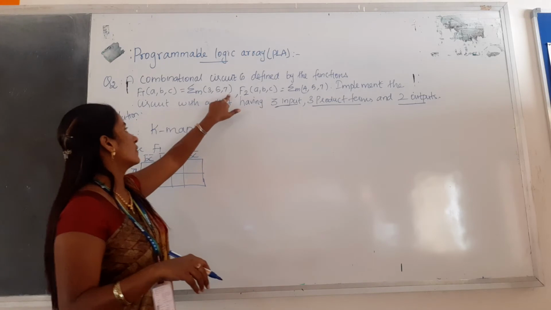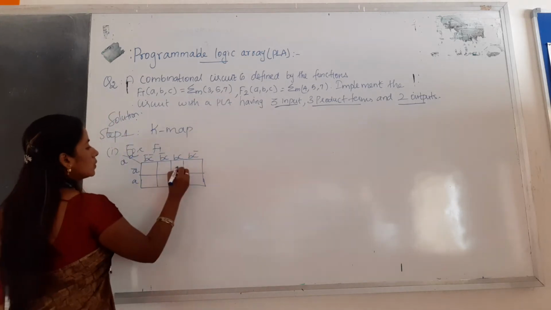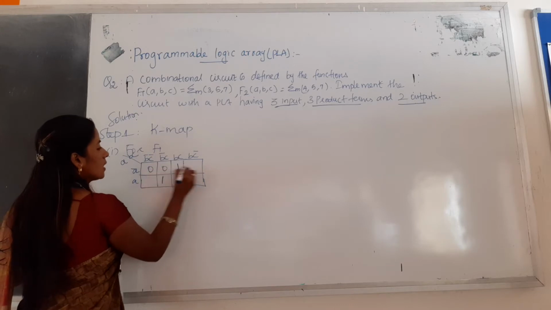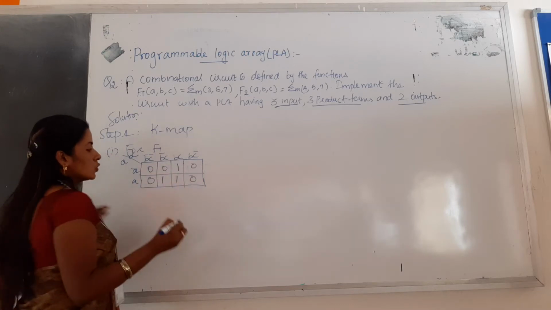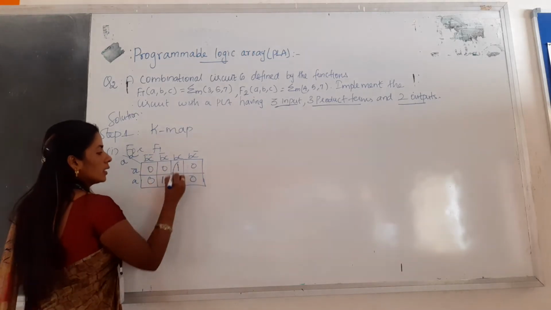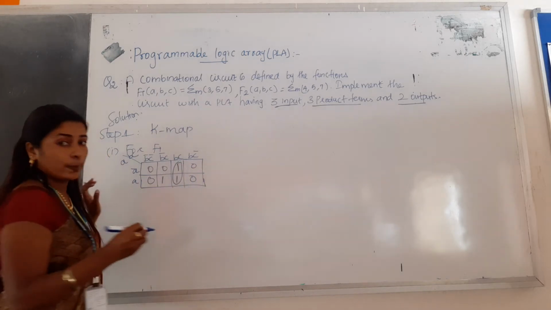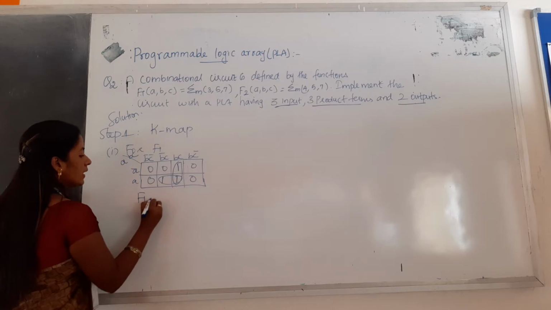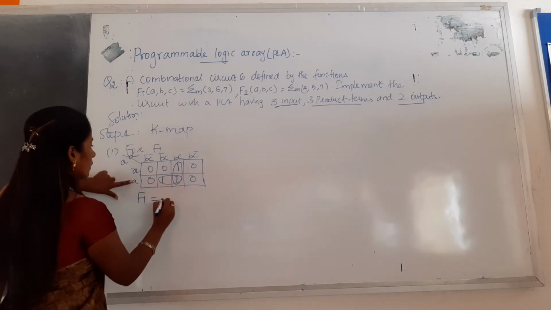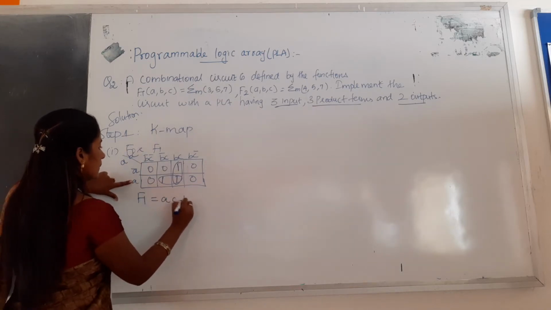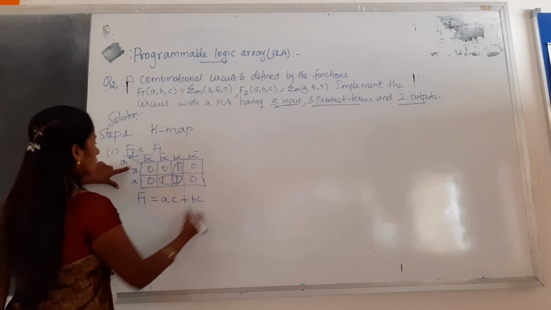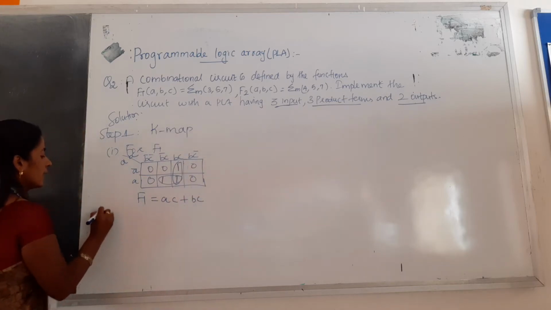So 3, 5, 7 are 1, the rest are 0. Now I have to group it. I will get 2 pairs. So my F1 will be AC plus BC.